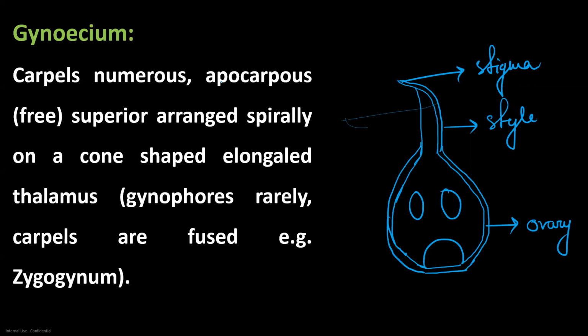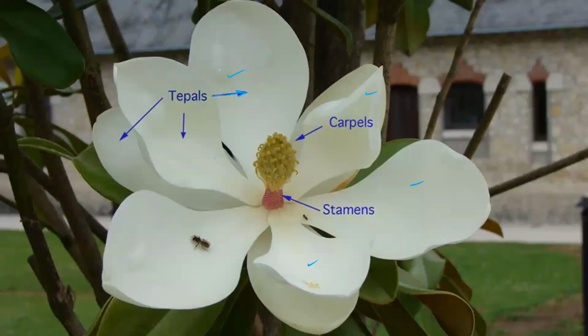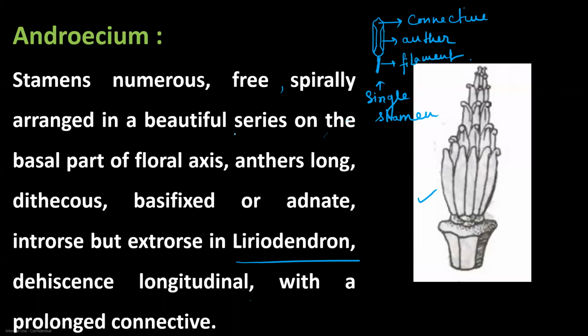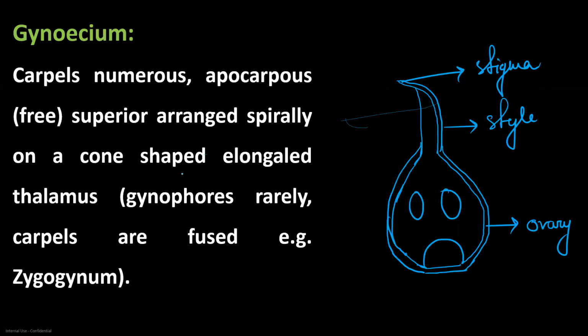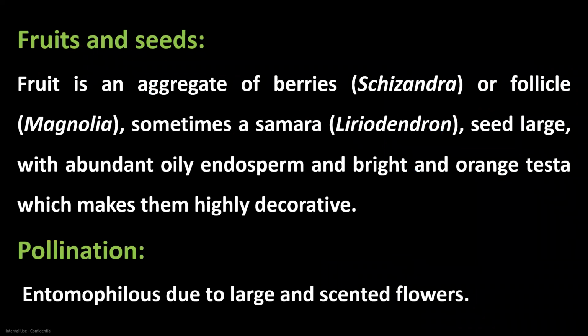The carpels are also numerous. See here, look at this part. Carpels are apocarpous, that is free, superior, arranged spirally on a cone-shaped, elongated thalamus. Gynophore rarely. Carpels are fused in some, for example Zygogynum.